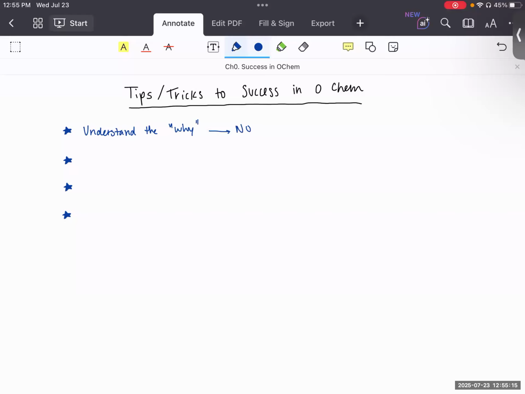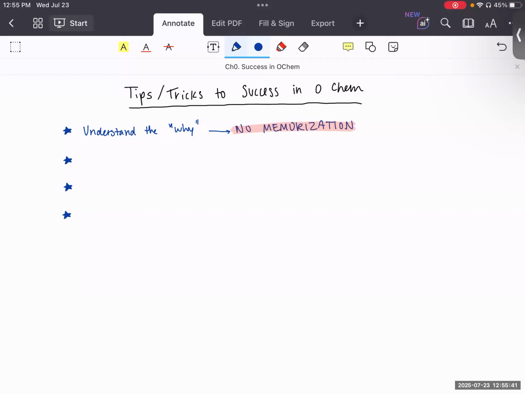You will not be successful in organic chemistry if you're just trying to memorize all the work and not really understand why certain things are the way they are. You might get through organic 1, but you're going to quickly see that in organic 2, your grades will plummet because there's no way to approach organic chemistry entirely through memorization.